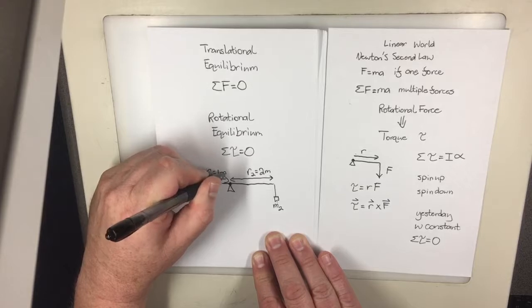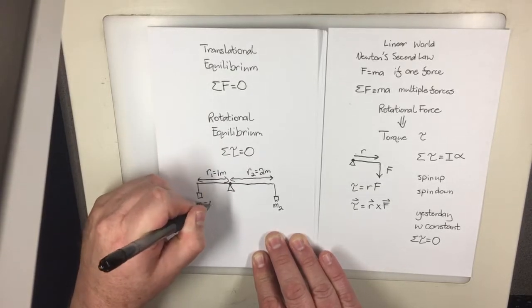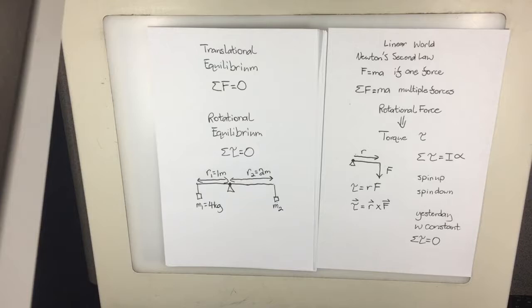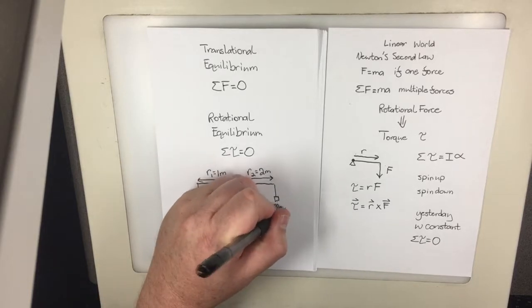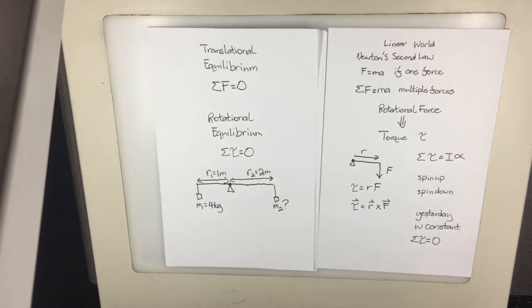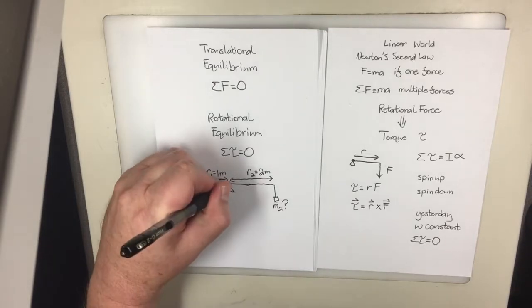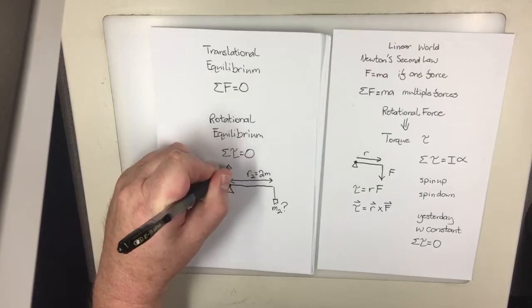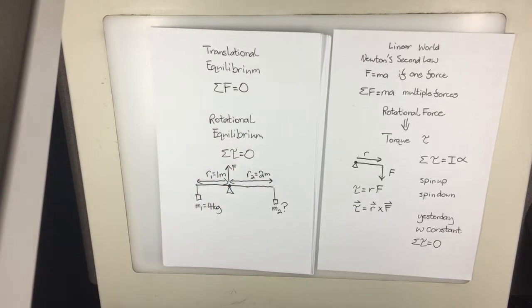R1 is 1 meter. M1 is 4 kilograms. So there are two questions that I'm going to ask for this. One is, what is the value of M2 such that the system balances? And then what is the normal force of the fulcrum on the bar to keep the bar level or suspended at that particular point?